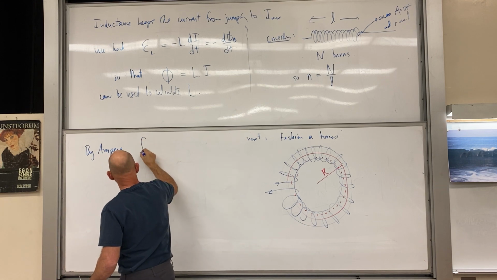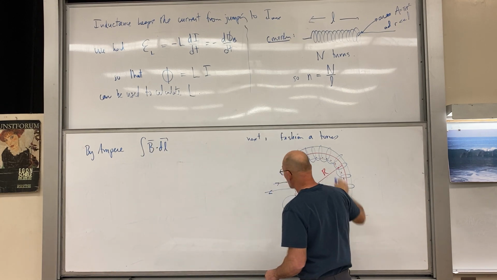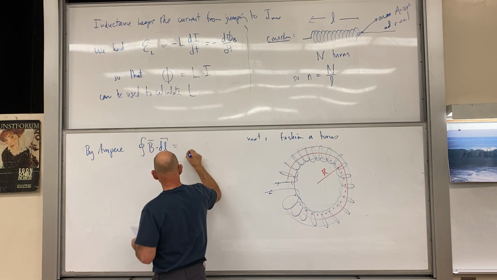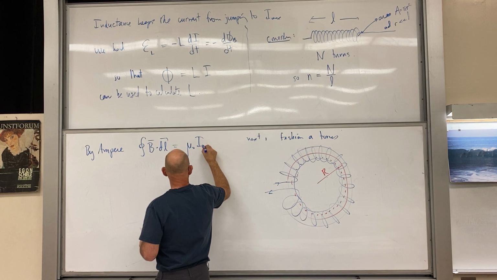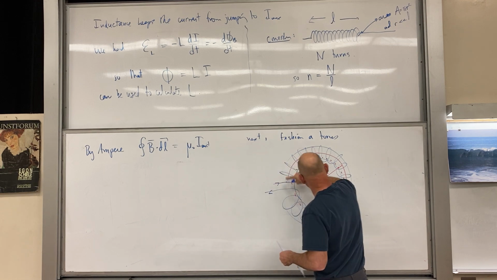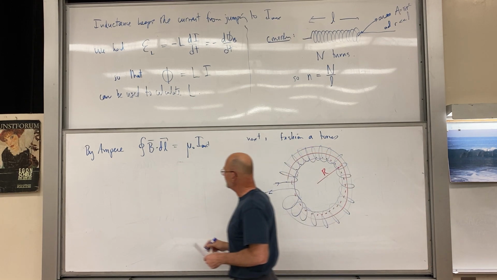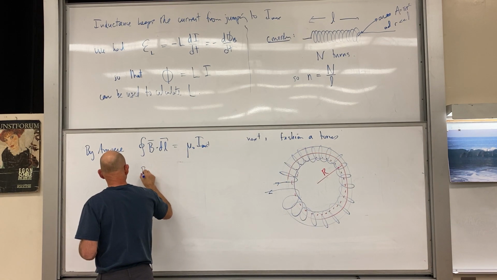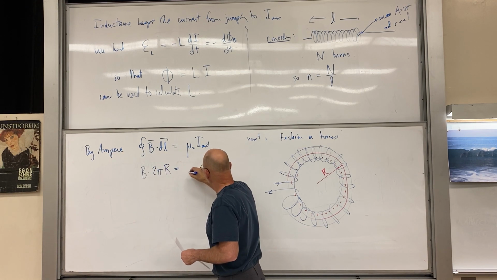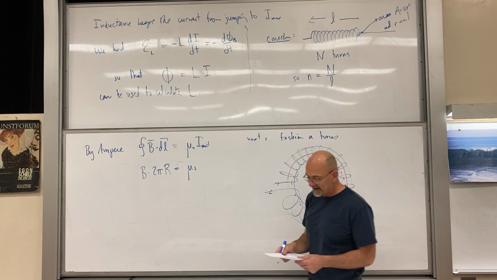We have the integral B dot dl along my red curve there is going to be equal to mu naught I enclosed. And so here, by the symmetry of this thing, we're just going to have the field curving around inside here. So we'll just have B times 2 pi capital R. And on the right side, we're just going to have mu naught, and then N times I, because we're piercing that N times.